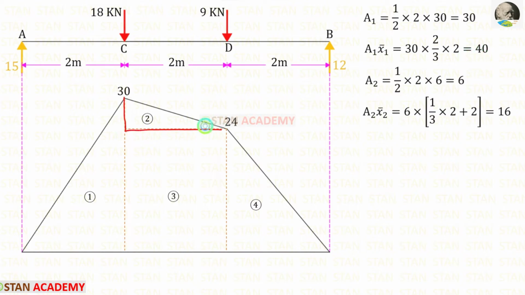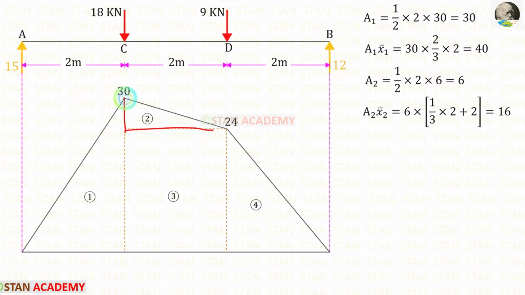Now let us take this triangle. We know the formula for the area, half into B H. Here the breadth is 2. We have to find this height. 30 minus 24, we will get the height 6. So for the area, we are getting 6. Let us find area 2 x2 bar. We know the area is 6.